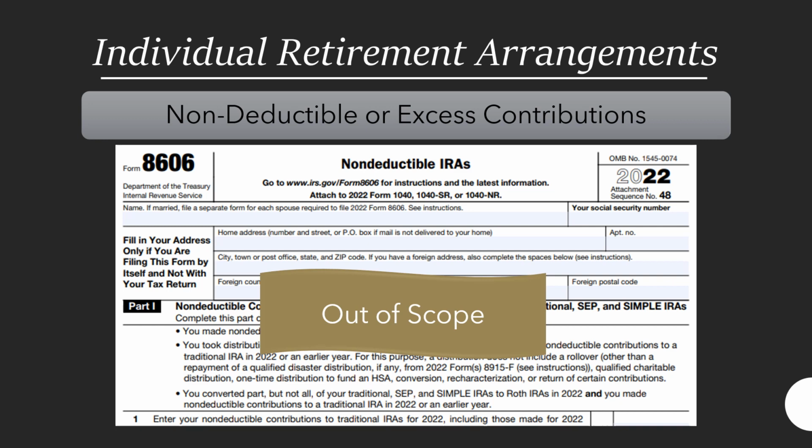So if we're looking at somebody who has made some non-deductible contributions, then they will have basis in their IRA. They need to see a paid preparer to help with that. And with the excess contributions, there can be a tax associated with that, an extra tax, which we'll talk about in a later lesson. But if they're going to have that tax, then that return would also be out of scope.